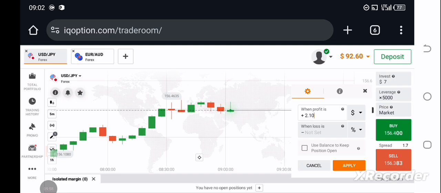Automatically the chart is closed. So once I hit a profit of just 2% of my capital, which is $2.01, you can see that the trade closed automatically.